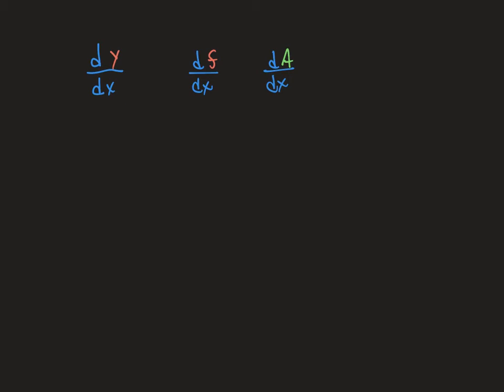Well, it turns out that we can consider these notations in a different way. So let me introduce you to something new that looks exactly like that. Instead of dy over dx, where the d and the dx are one operation, let's consider these two things different pieces.